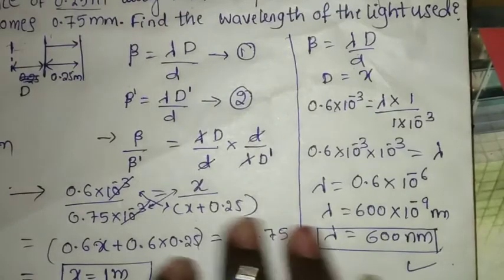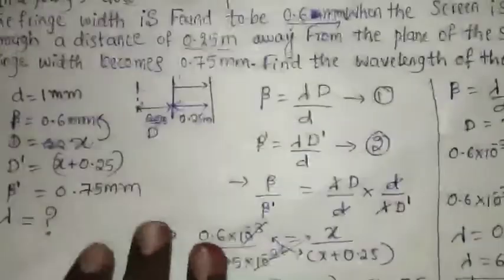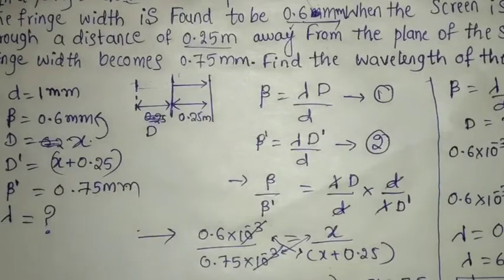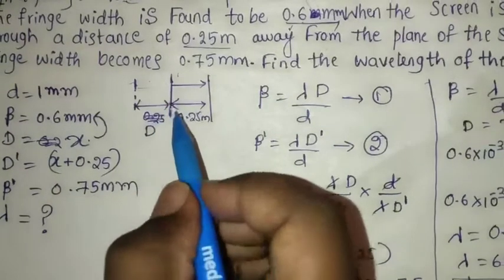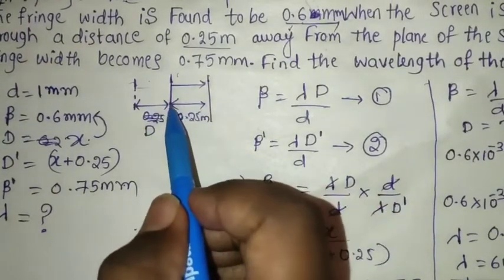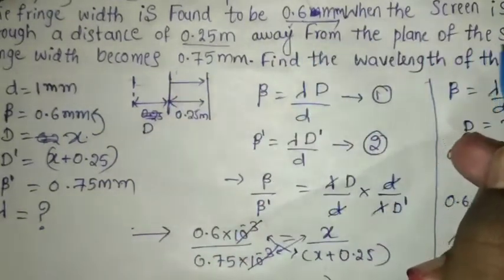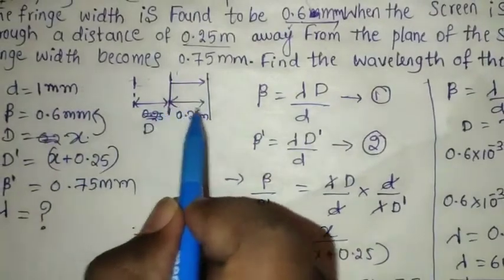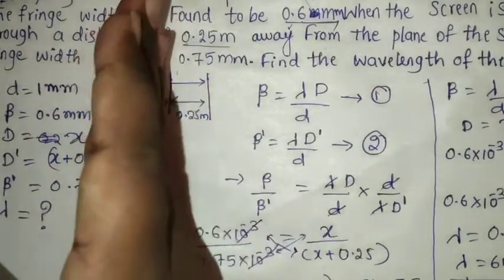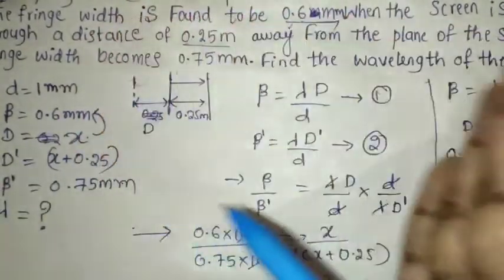In this problem, the concept is very important. Here the screen is shifted away from the plane of the slits. If the screen moves away, the distance is increasing.